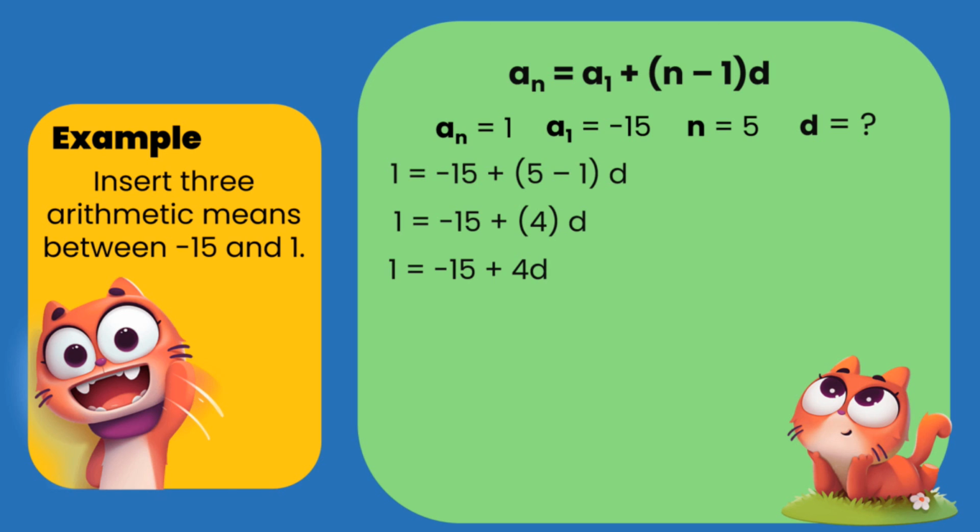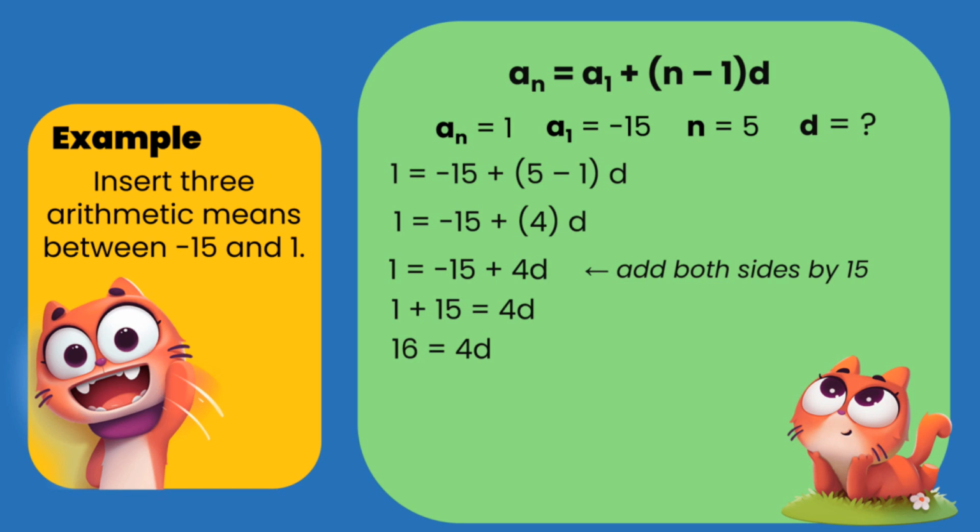From here, we need to add +15 to both sides, or transpose -15 to the other side. Therefore, -15 will become positive and 1 plus 15 is equal to 4d. Therefore, we have 16 is equal to 4d.